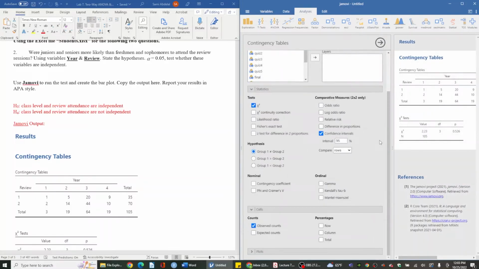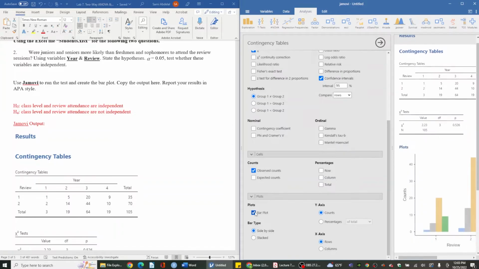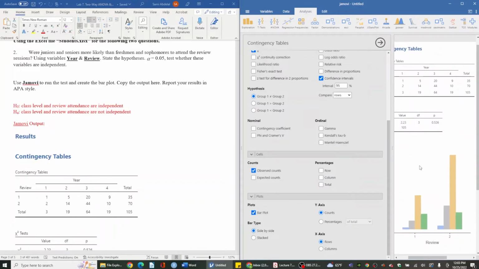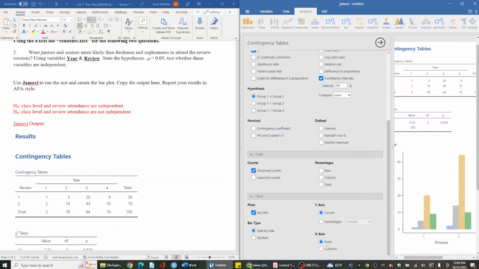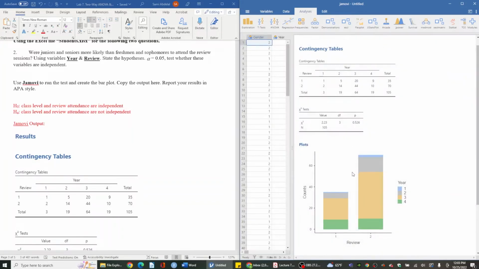But before we get into the results, let's just look at how to plot a bar plot really quickly. So I would just stack them to make it easier to interpret. I mean, we would interpret it based off of the chi-square table, but this helps us visualize it. Although if you just looked at this plot alone, you'd be like, oh, there's a marked difference between going to the review session and not going to the review session.